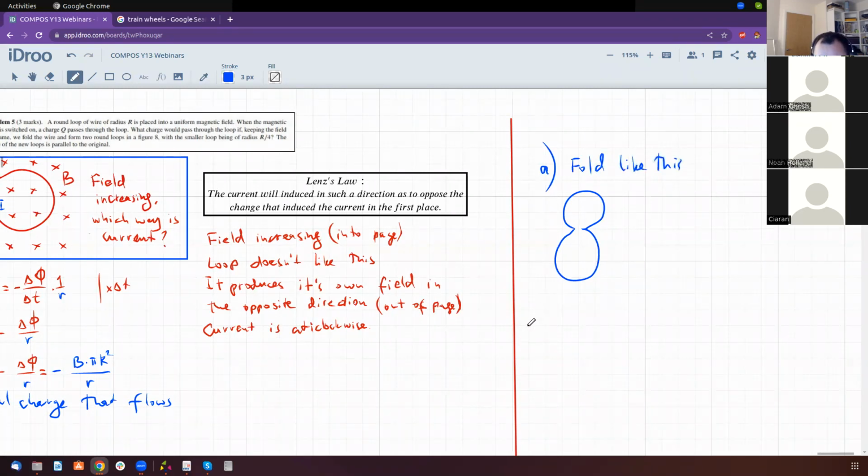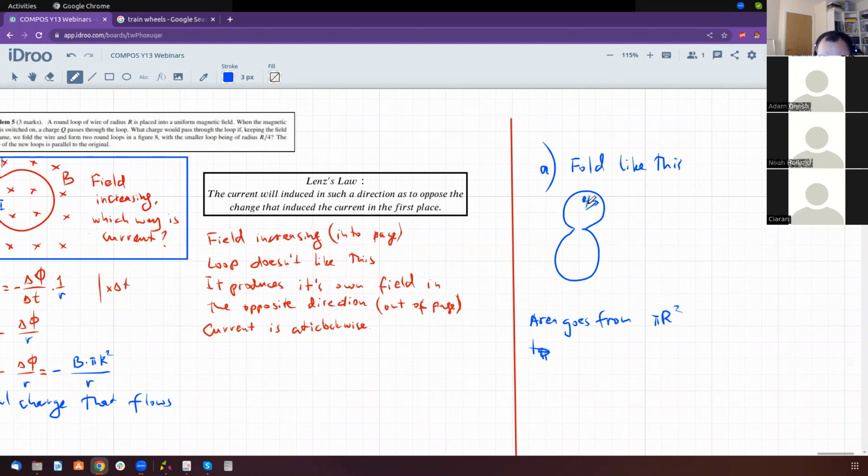So the area goes from A to, the area goes from pi r squared to, that's two circles.